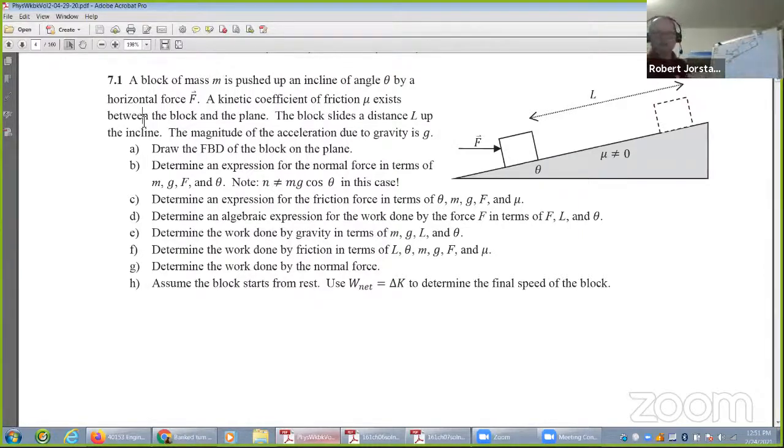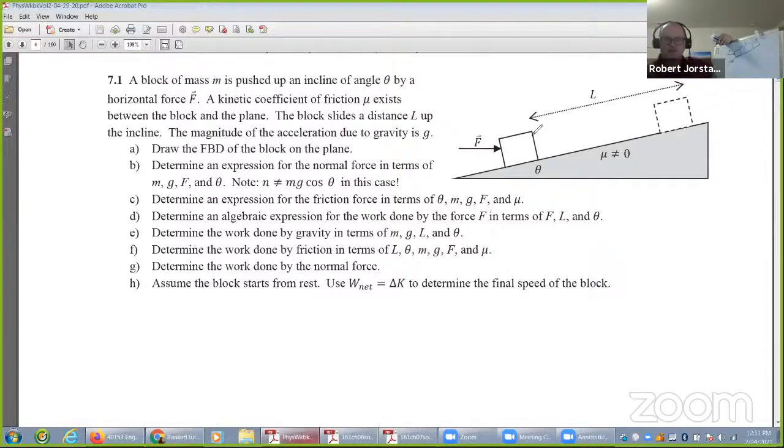Notice, this is subtle, but when you're drawing pictures, you've got to be a little bit careful. I went from the front of the block to the front of the block. If the block has negligible size, this is not a big deal. But it's important when you're showing where things go. If things start moving in circles, technically we should go from the center of mass to the new location of the center of mass.